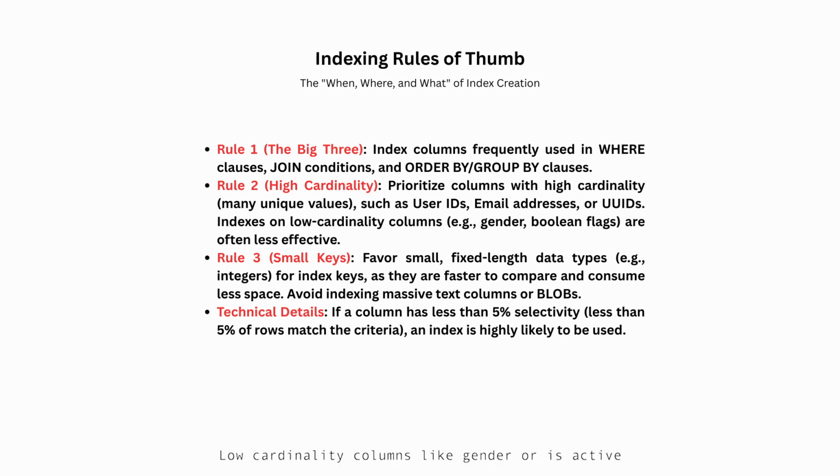Low cardinality columns like gender or an is_active boolean are poor candidates. The optimizer may ignore them entirely in favor of a full scan. Key size: keep index keys small. An integer is faster to compare and takes less space than a string. Smaller keys mean more data fits on a single memory page, reducing disk I/O.